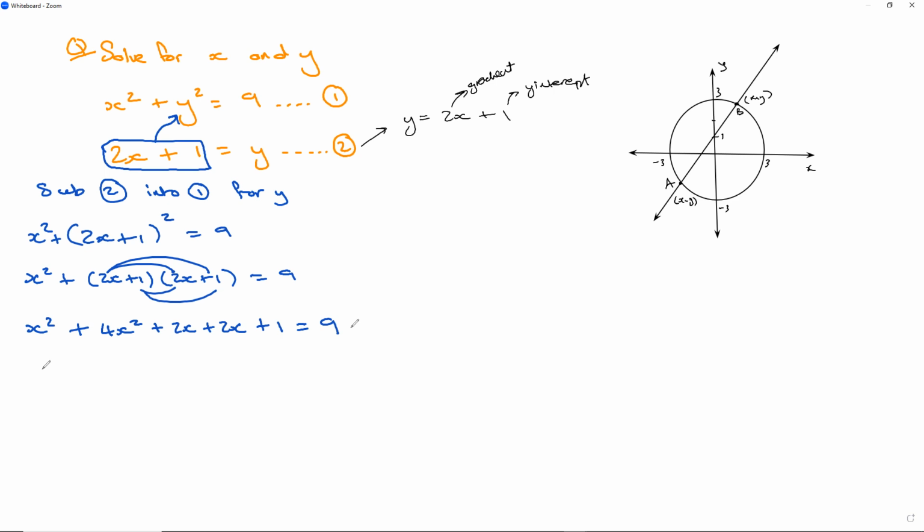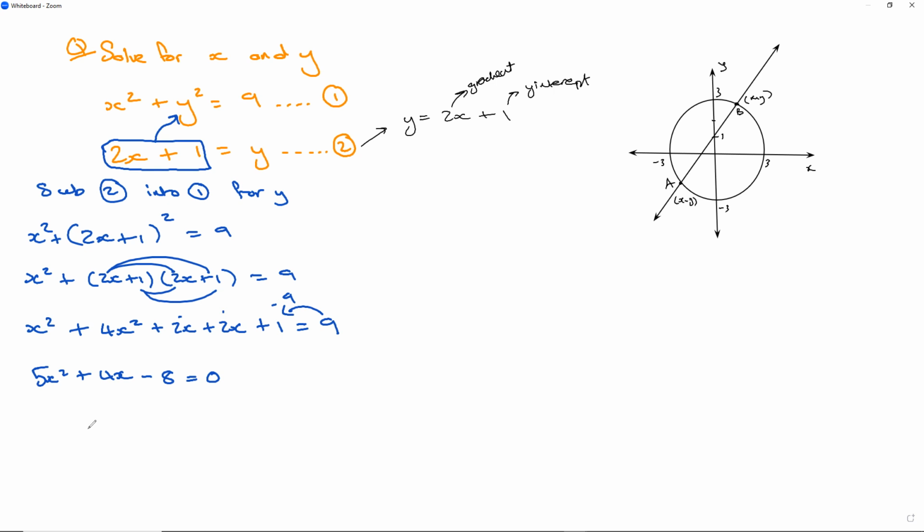X squared plus 4x squared is 5x squared. And then 2x plus 2x would get me 4x. And 9 moved over becomes minus 9, and 1 minus 9 becomes negative 8. So I've got x squared plus 4x squared, which is 5x squared, just checking, 2x plus 2x, which is 4x, and 1 minus 9, which is negative 8.